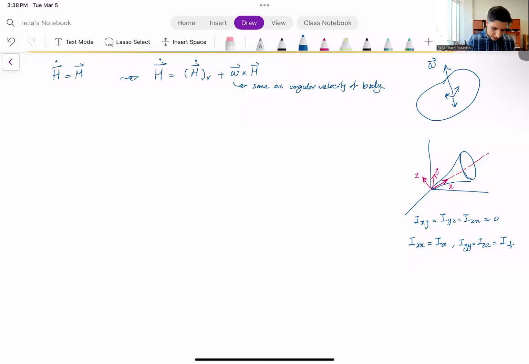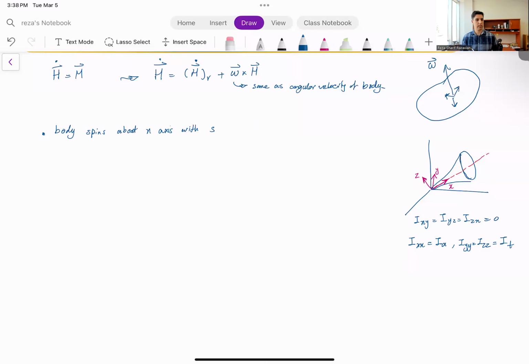And if we do that, now we allow the body to spin about the x axis with some rate s.